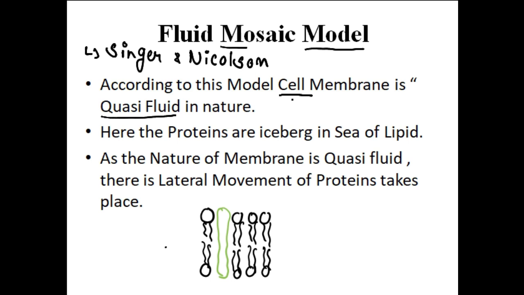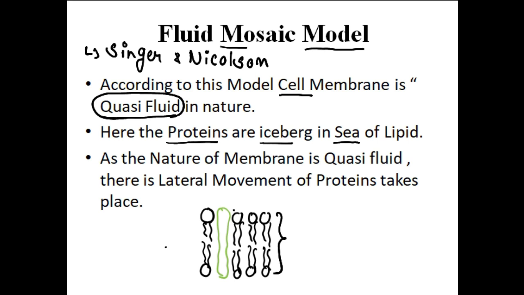Now here, the proteins are icebergs and the lipid is denoted as a sea. So the proteins are icebergs in the sea of lipid. As you can observe, this is a protein, green color, and black color is a lipid, as these proteins are icebergs in the sea of lipid.